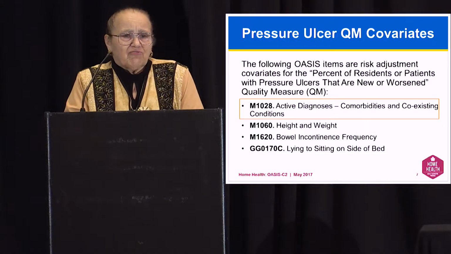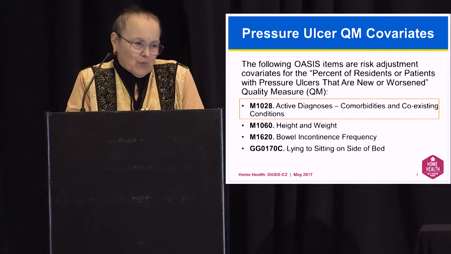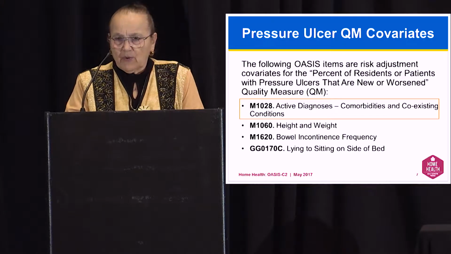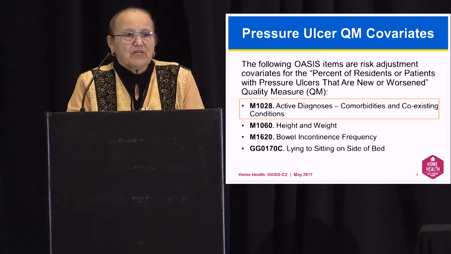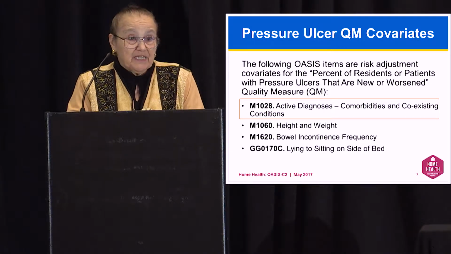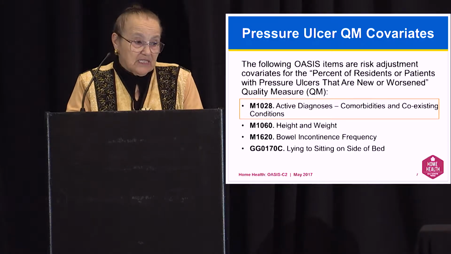I want to have a little flashback to yesterday. What is a covariate? If you remember yesterday, we talked about the three different types of risk adjustment, and we defined a covariate.